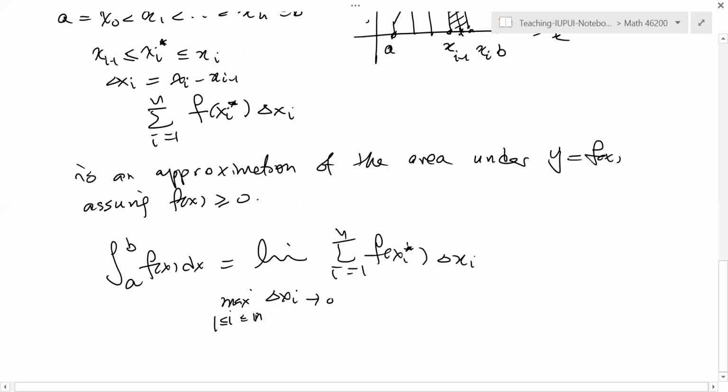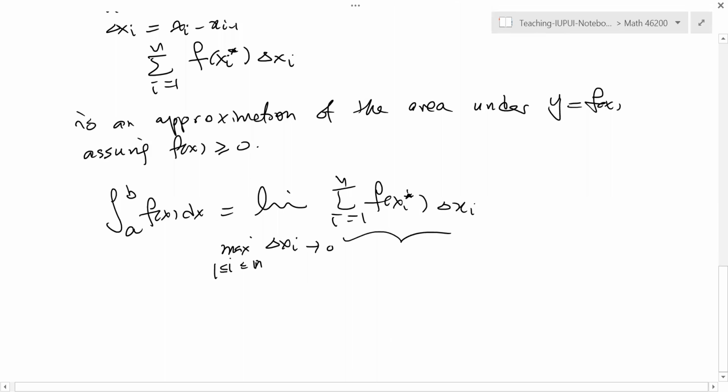If the subintervals are getting smaller and smaller, and those sums approach the same number, then that number is denoted by this integral symbol, and it is called the integral of the function over the interval.